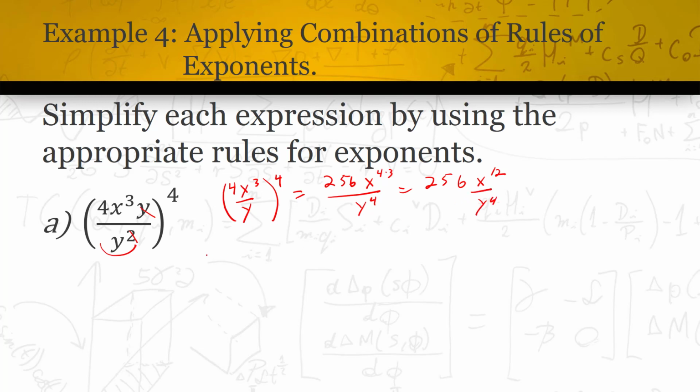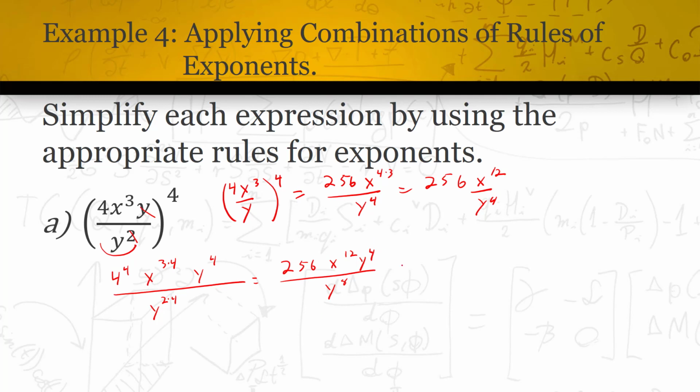Now the other way is to apply the power rule first and then simplify. If we did that, we would have 4 to the 4th times x to the 3 times 4 times y to the 4th divided by y to the 2 times 4th. And that would be 256 x to the 12th y to the 4th divided by y to the 8th.